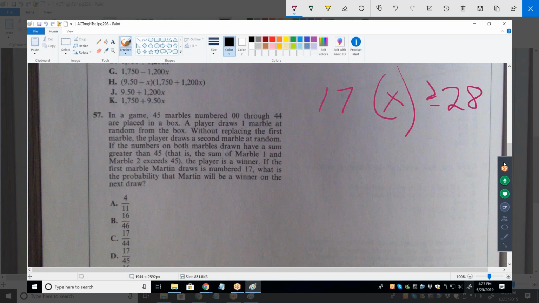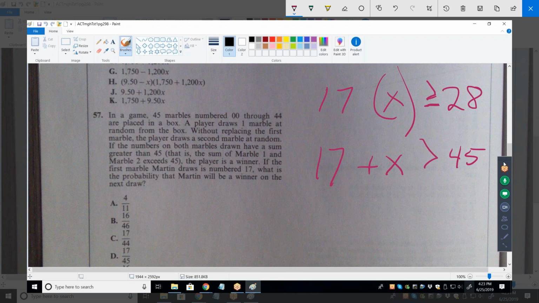Well, wait, does it have to be greater than 45? No. Okay. Of a sum greater than 45, the player is a winner. Don't we want 17 plus X has to be greater than 45? Isn't that one of our equations?